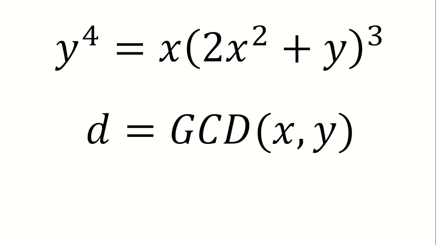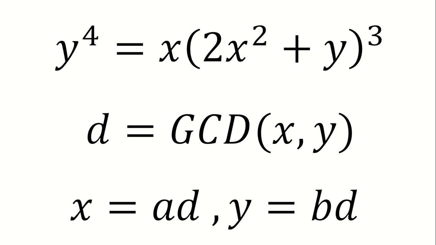Let's suppose D is equal to the GCD of x and y, where GCD means greatest common divisor. So x is equal to AD and y is equal to BD, and A and B are coprime.